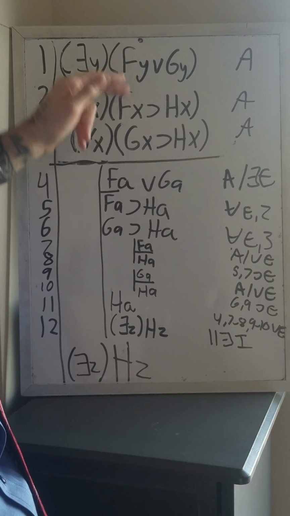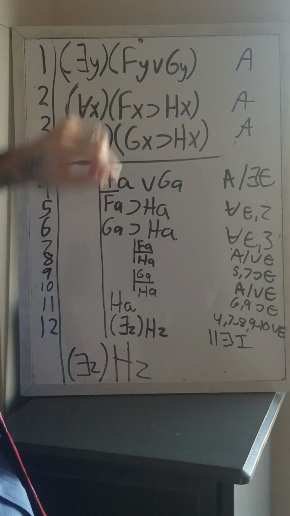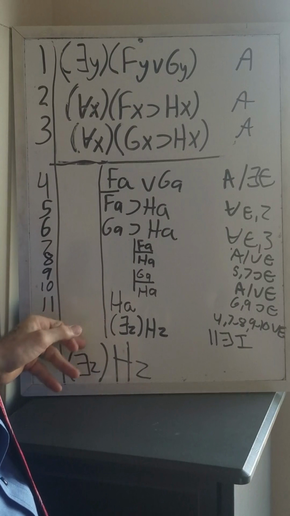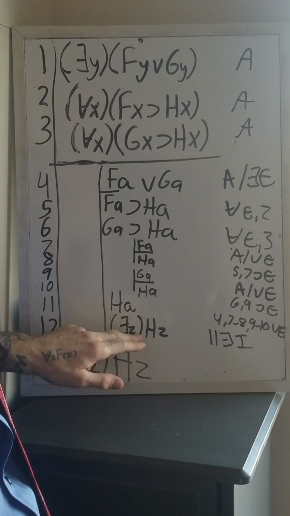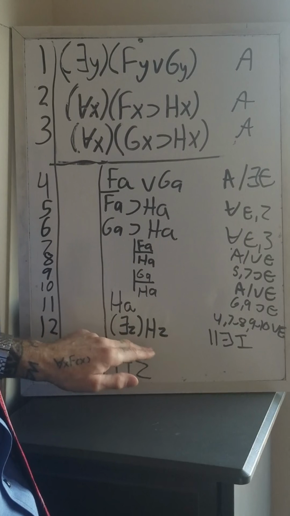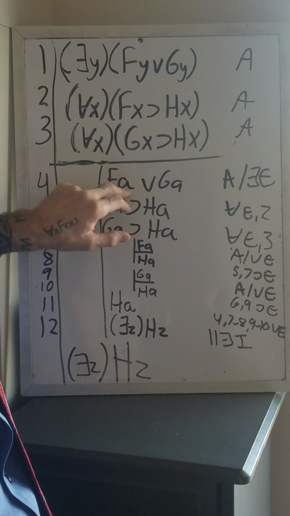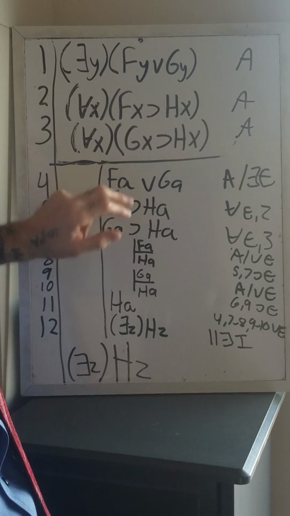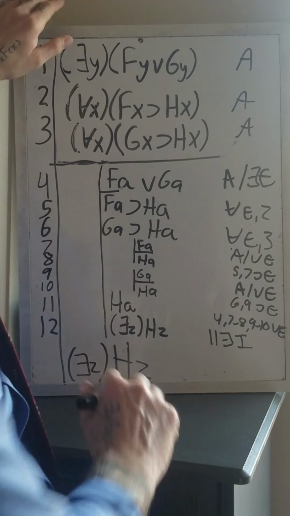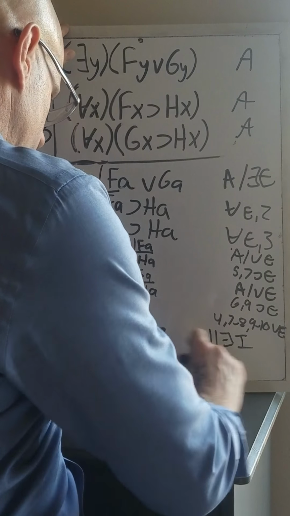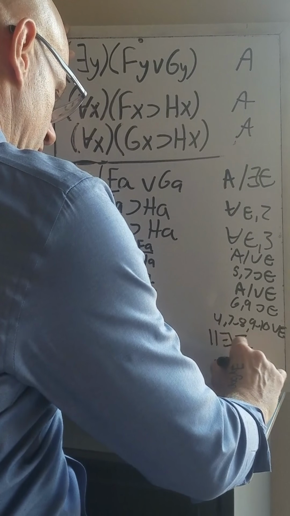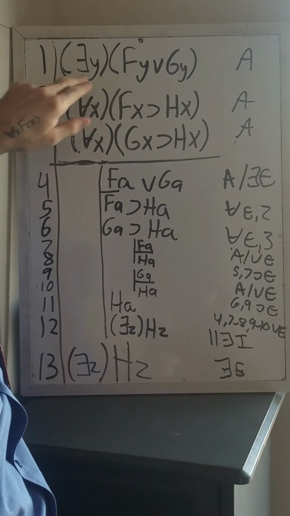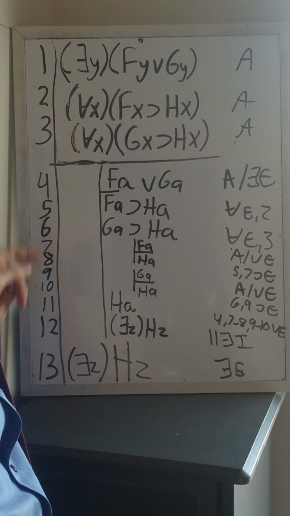This was a letter that wasn't anywhere in the proof above it, and we can pull this out of here because it doesn't have the constant that we started with anywhere in it. So 13 by existential elimination, line 1, and then 4 through 12.